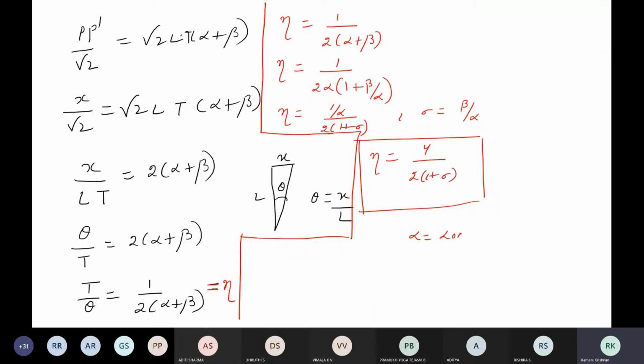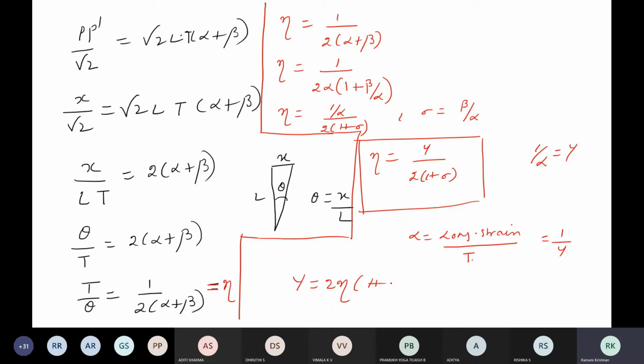Alpha was longitudinal strain per unit stress or tension, right? So this is equal to 1 by y. Because for us, y is stress by longitudinal strain. So we know that 1 by alpha is equal to y, right? And so we get this. So this is the relation: y equal to 2 eta into 1 plus sigma.